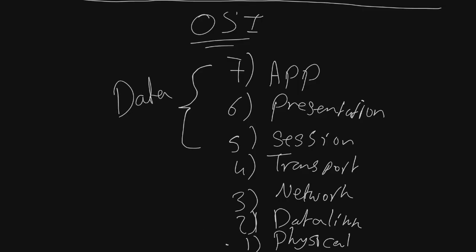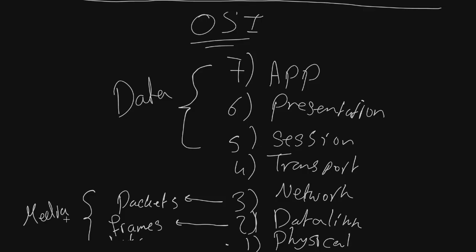The physical layer, which is the cables, the Wi-Fi, the wireless, sends bits. Data link sends a bunch of bits together, they are called frames. The network sends a bunch of frames together, they are called packets. These 3 layers are called media layers.